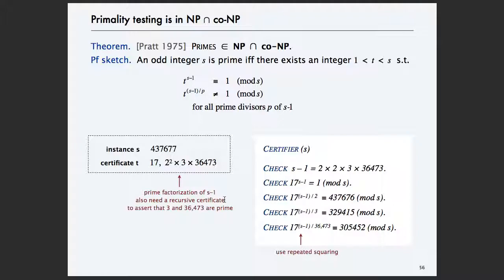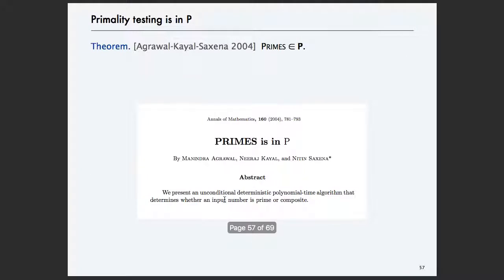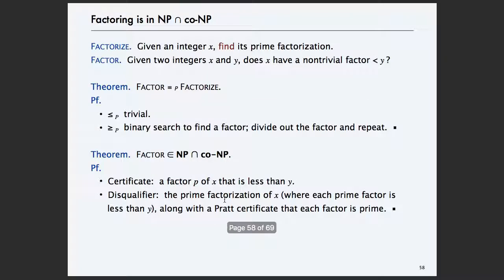So by giving you a prime-ish factorization of n minus 1 or something like that, t to the s minus 1. Factoring a number is in both NP and co-NP.